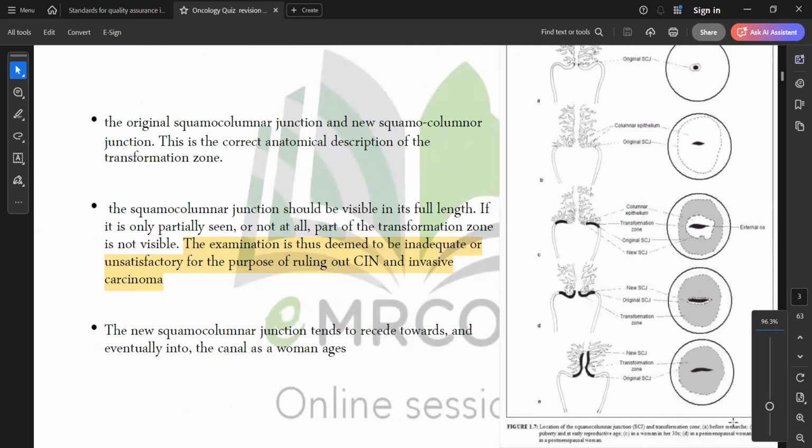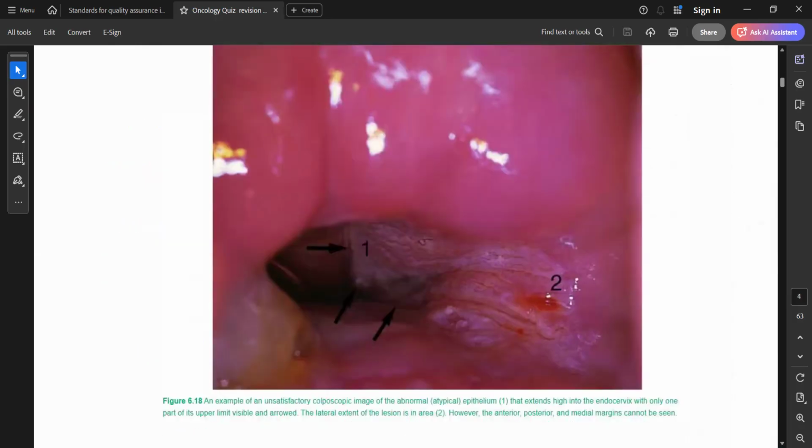And he has a grading system. According to the findings, he can grade these changes as, okay, this is not really CIN. No, this is CIN1. No, this is CIN2. Or maybe this is something more severe than this.